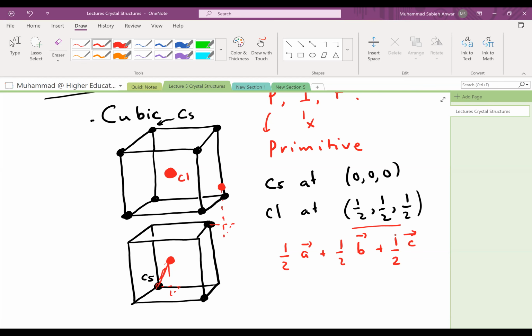Let me turn on the video because we've resumed power here. Let me try to see if I can turn it back on. Just give me a second.